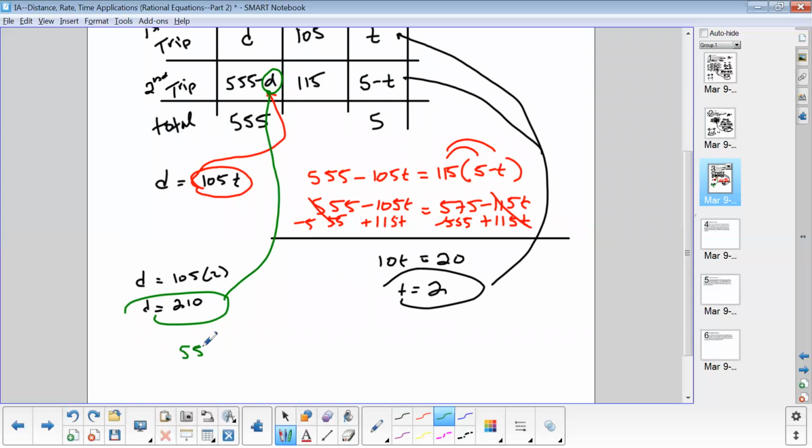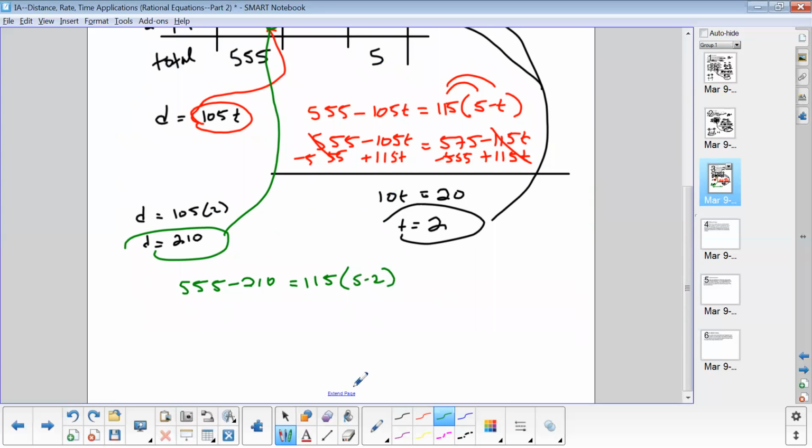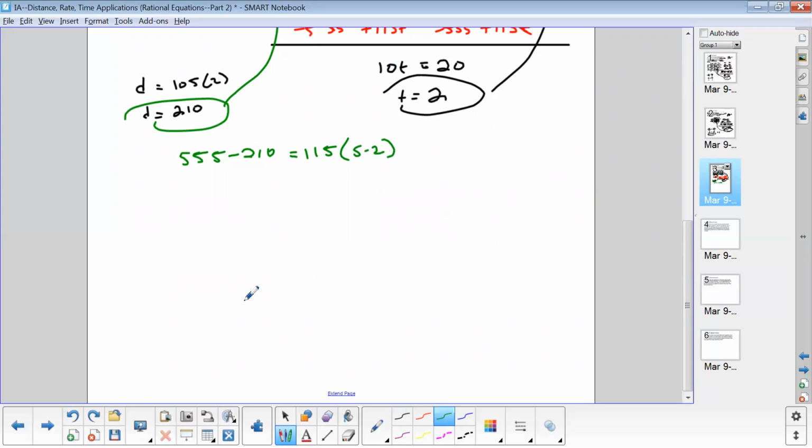So 555 minus 210 better equal 115 times 5 minus 2. So 555 minus 210 is 345, and 115 times 3 is also 345.